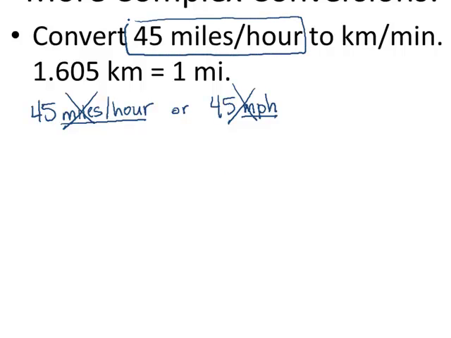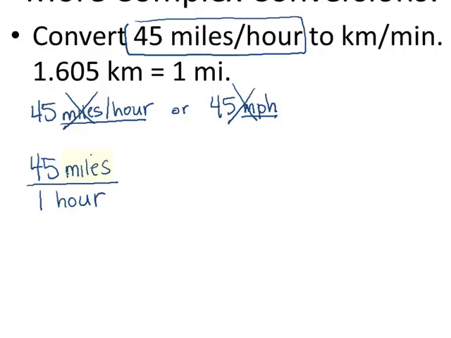Take the 45 miles per hour and break it out into a fraction. This really means I have 45 miles, and then in a fraction I would put that over 1 hour. So even though this looks a little more complicated, it's going to make our life a little simpler because now I can easily see what's in the numerator and what's in the denominator. In order to do this conversion, we're going to change our units one at a time.